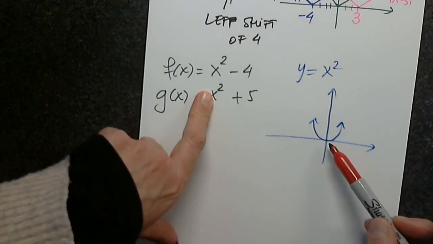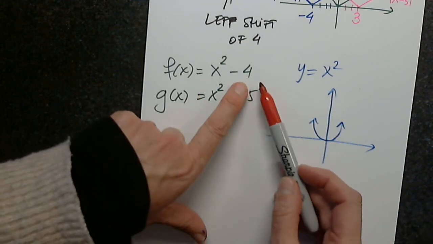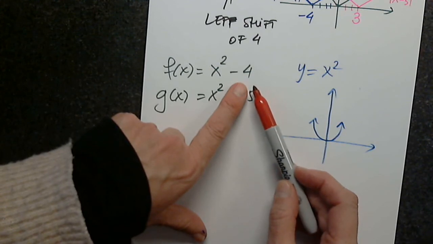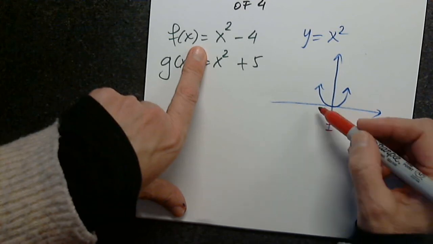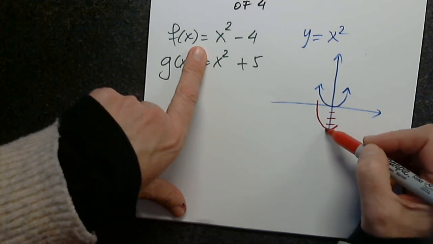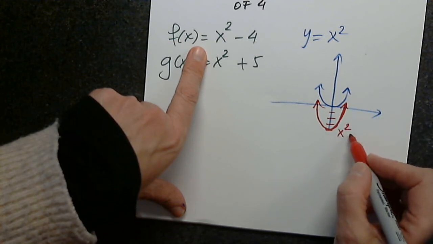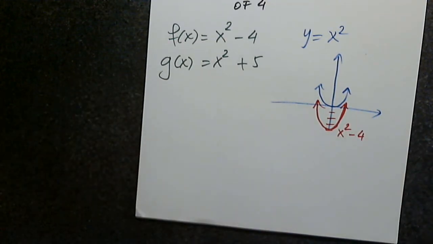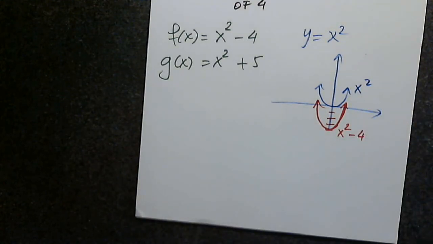So when x is 0, y is 0 here. But when x is 0, how much is y now? Yes, not up, but down. So here's the graph. So this is x squared minus 4. Is that okay? So this was x squared and x squared minus 4.